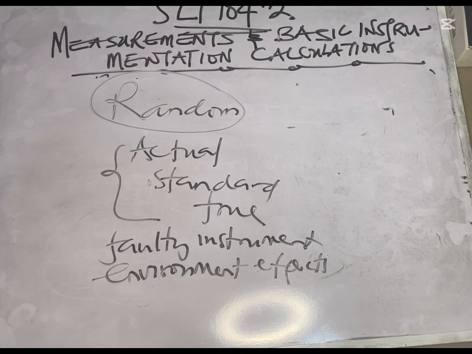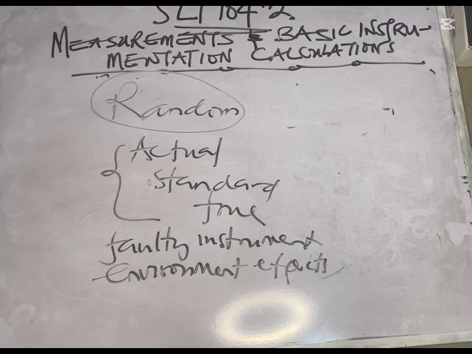It might be that the instruments are not faulty, calibration is okay, and sometimes you might even be consistent, but still you cannot determine the cause of the error. Then it is called a random error. For instance, when the readings on a digital balance are fluctuating, it's not as if the digital balance is faulty, but it's just fluctuating for reasons that you don't even know. Then it's a random error.